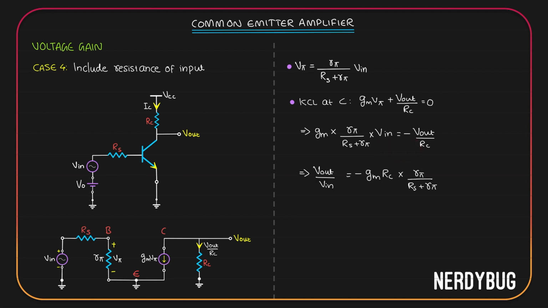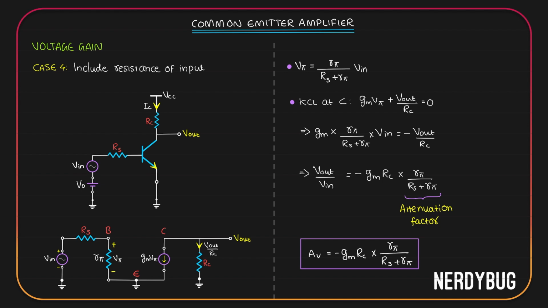V output by V input will be negative Gm RC multiplied by R pi by Rs plus R pi. Without the resistance of the source, our gain was minus Gm RC. Now it is minus Gm RC divided by Rs plus R pi multiplied by R pi. This factor is going to decrease our gain. We call it the attenuation factor.